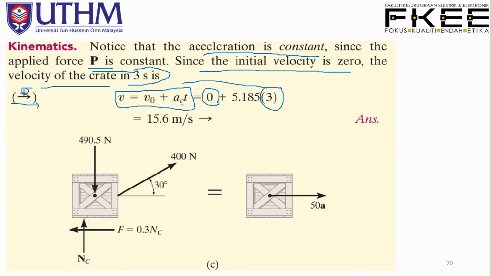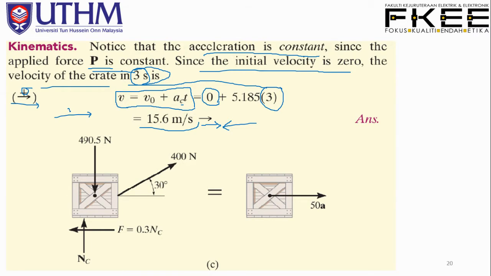So the equation asks you to find the value of V at T equal to 3 seconds. Solving this gives us 15.6 meter per second. This indicates the direction of the crate, which is to the right.